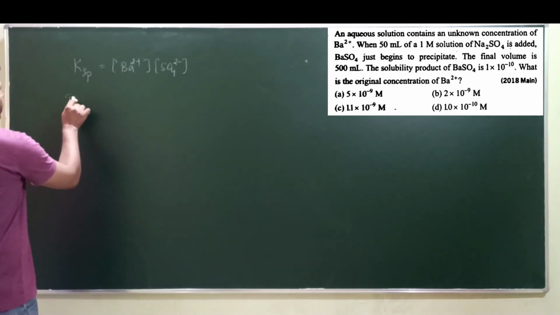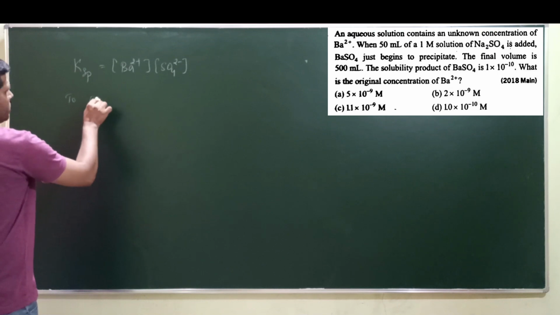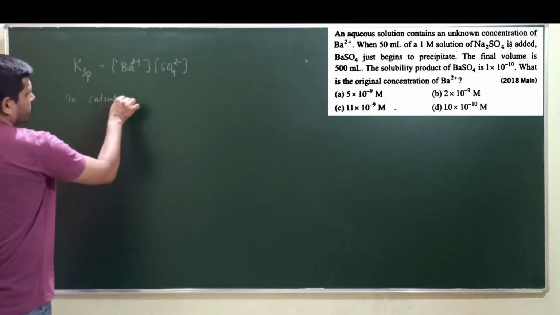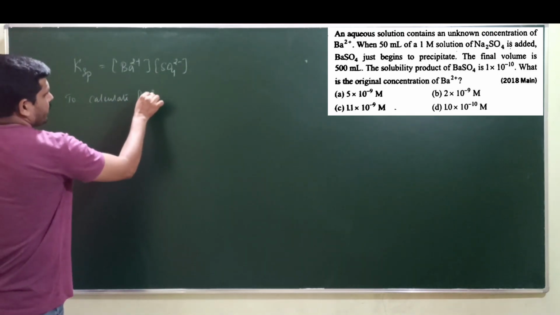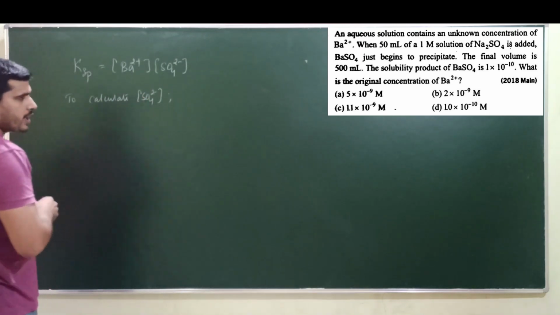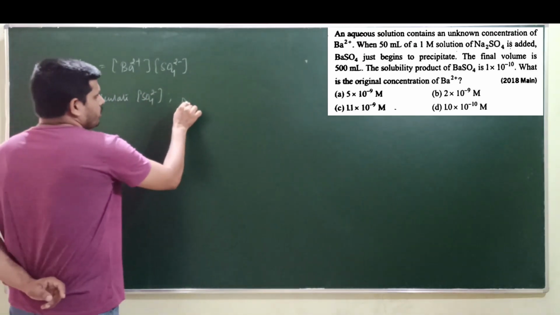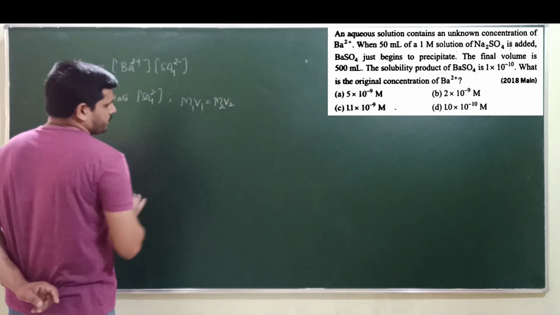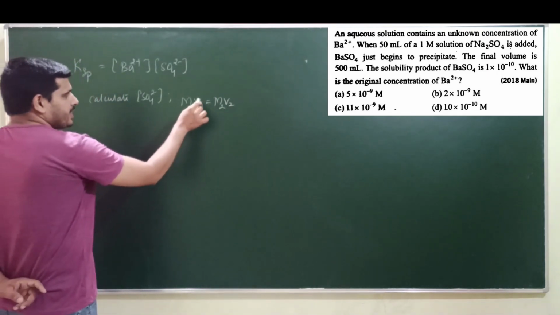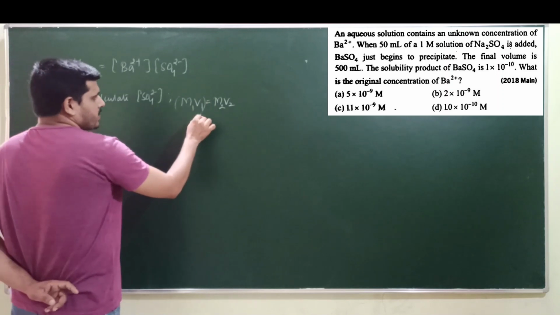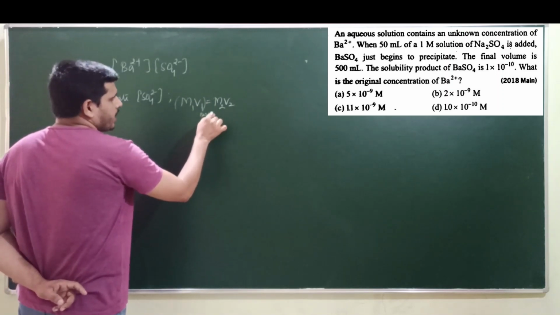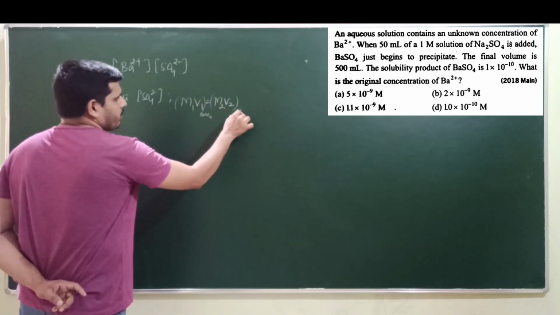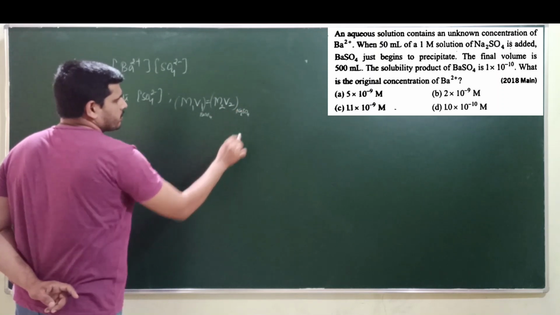To calculate the SO4 2 minus concentration first, let us consider M1V1 is equal to M2V2. Now this I'll take as barium sulfate, and this I'll take as sodium sulfate, Na2SO4.